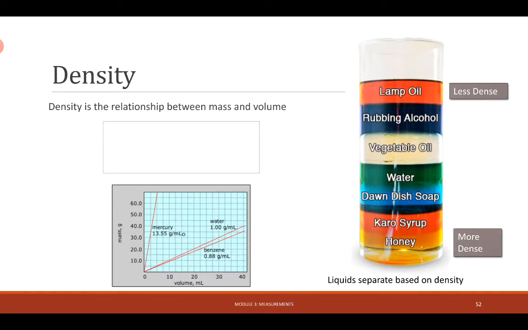If you look at this graph here, you can see that for each of these three substances, as you add more mass, it also occupies more volume. But the slope of each of these lines is constant and different for each different material. And so the slope of this line can be used to identify which material it is. The slope of this line is density.